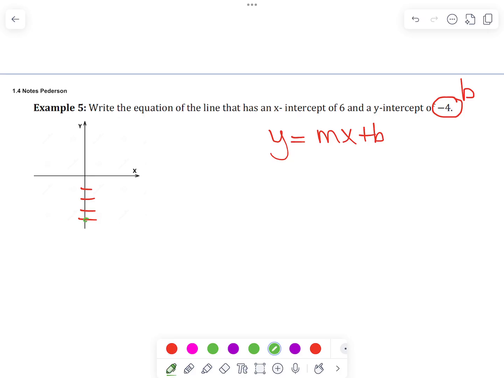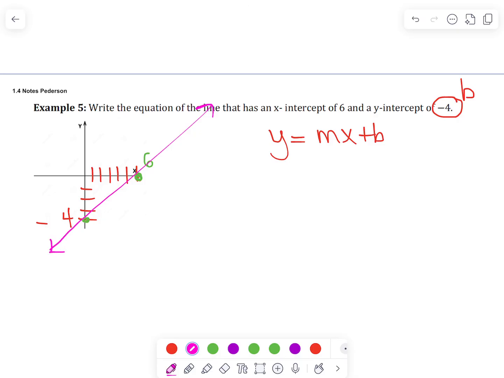So here's our y-intercept at -4. And then our x-intercept, 1, 2, 3, 4, 5, 6. So here's 6 right here. This is 6. And this is -4 right there. And then the line looks like that.